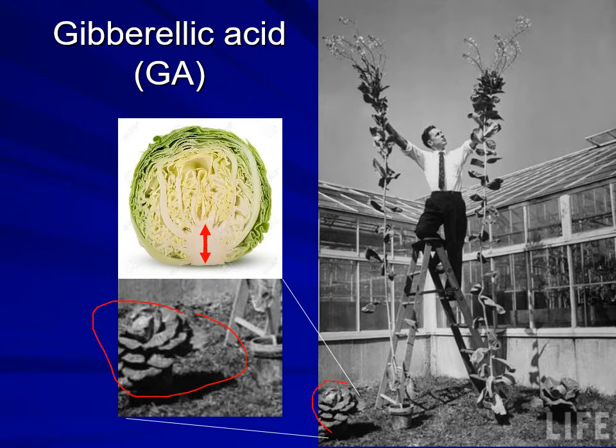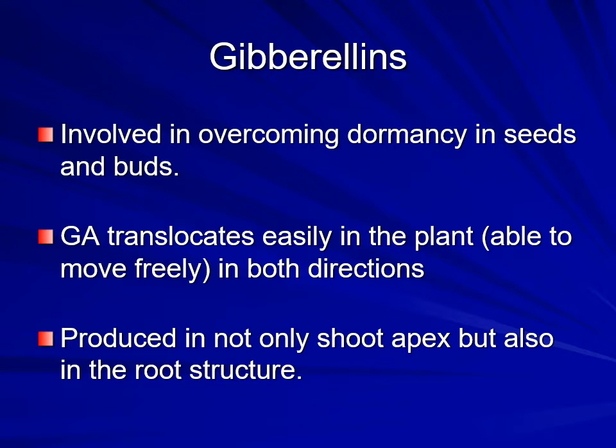They take a cabbage and they spray it with gibberellic acid and it stretches to like 3 meters tall or more because this stem is no longer devoid of gibberellic acid, so it stretches out and the leaves have ample room to have proper internodes. So it's kind of an extreme example of what gibberellic acid will do.